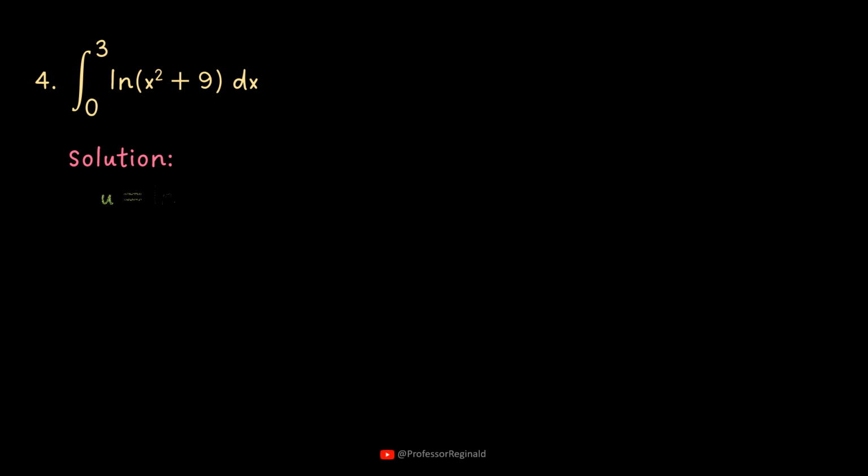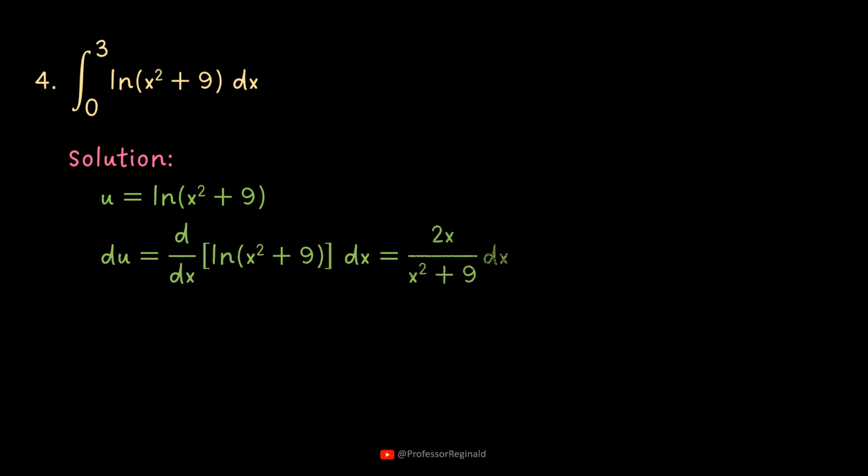Let u equals the natural logarithm of x squared plus 9, which means du equals 2x over quantity x squared plus 9 dx. The derivative is found using the chain rule. Meanwhile, let dv equals dx. Get v by integrating dv. v is equal to x.